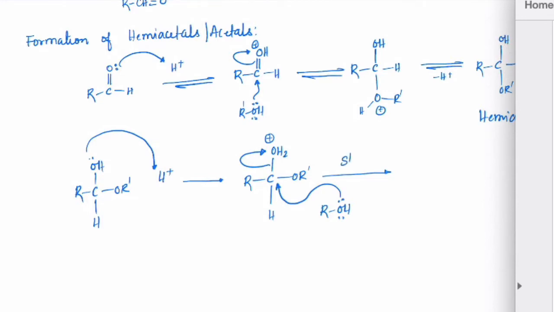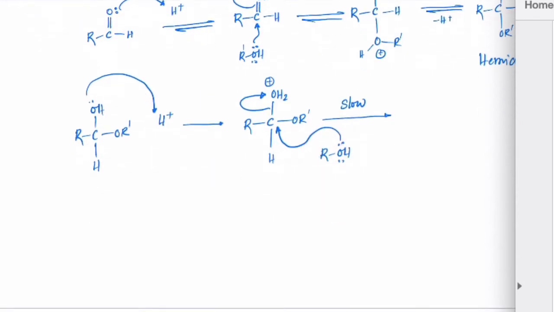This is a slow process because H2O is also leaving from this carbon, right? And ROH is a weak nucleophile, so it will go through SN2 characteristics, correct? But because this is a weak nucleophile, it can go for SN1 also.